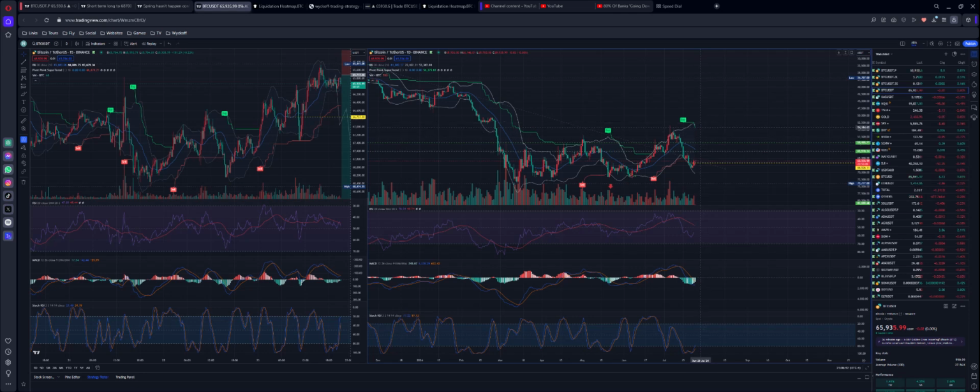Then 52, consolidate, then 34, right? Within a week. So it's going to be like this, down, and then back up.